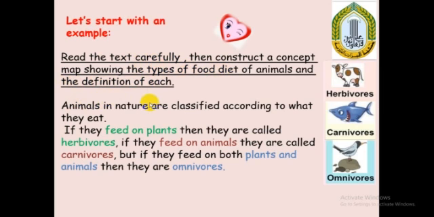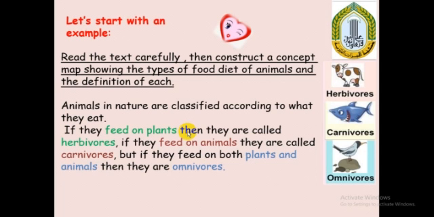Animals in nature are classified according to what they eat. If they feed on plants, then they are called herbivores. Look here, this is a cow. The cow feeds on herbs, so it's called a herbivore. If they feed on animals, they are called carnivores, like the shark right here.